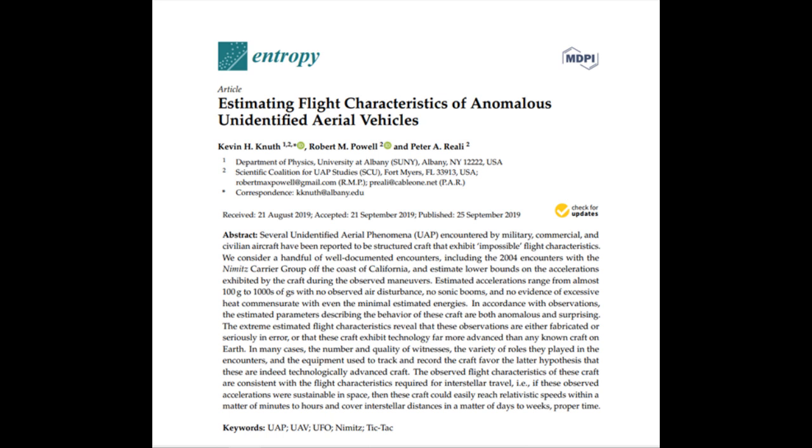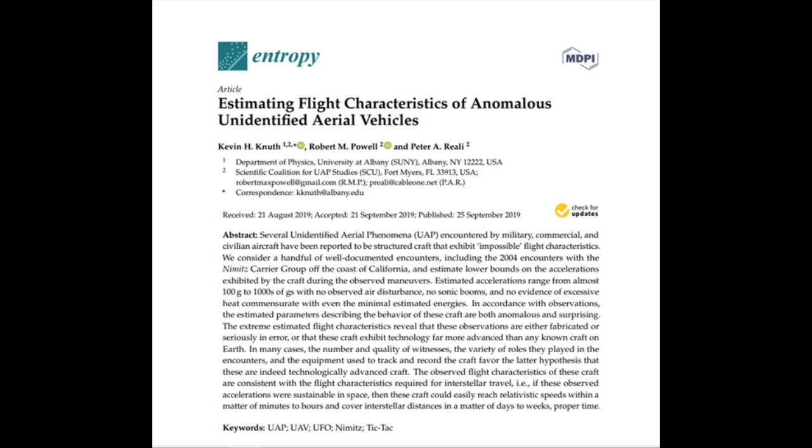The beam calculation is not a formal calculation. A scientific formal calculation can be found in the article called Estimating Flight Characteristics of Anomalous Unidentified Aerial Vehicles by Kevin Knuth, Robert Powell, and Peter Reali.